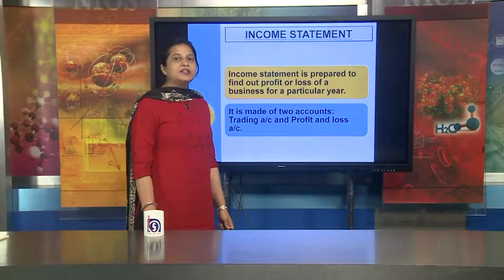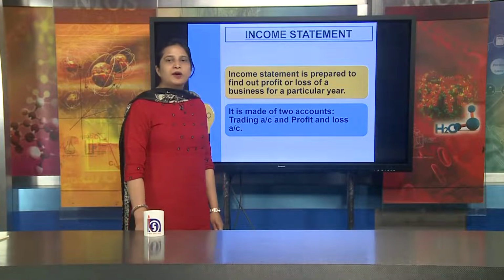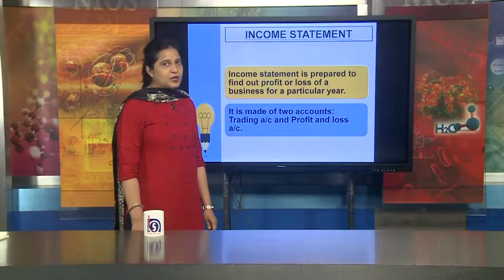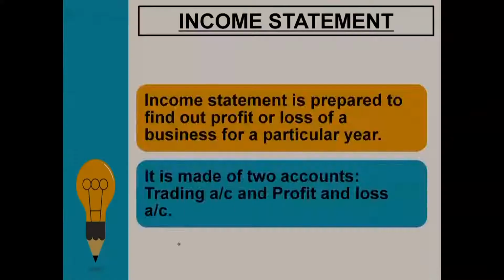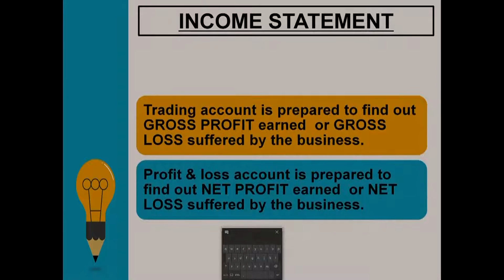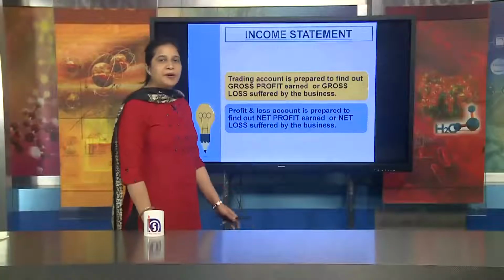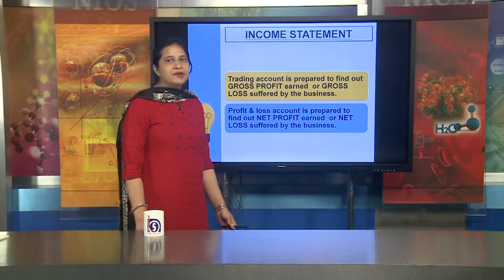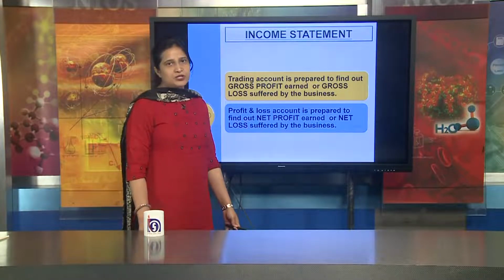And the income statement is made up of two accounts, the trading account and the profit and loss account. Now we have said that we will prepare two accounts. First we will prepare the trading account, then the profit and loss account.